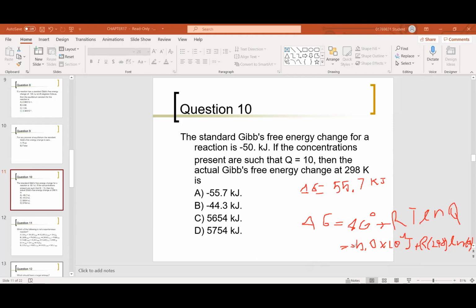Negative 50,000 plus 8.31450 ln, what was it? 10. Okay, different answer. Ignore that answer. It was wrong. It's negative 44.123.3 if you round up kilojoules. There.